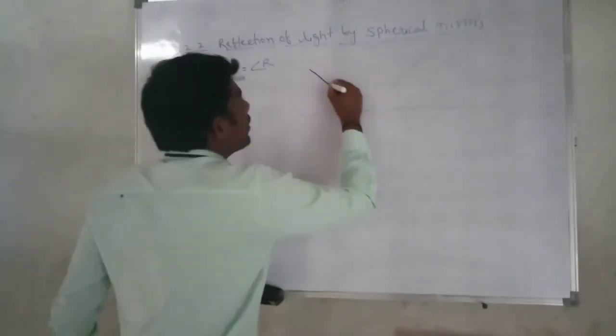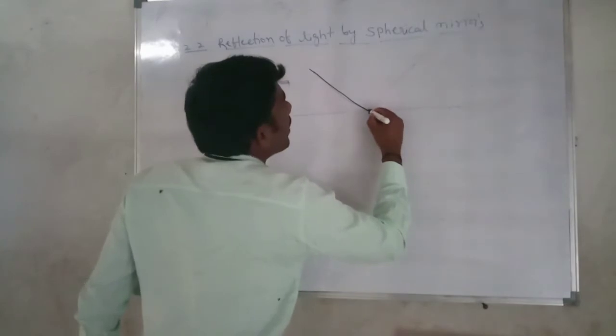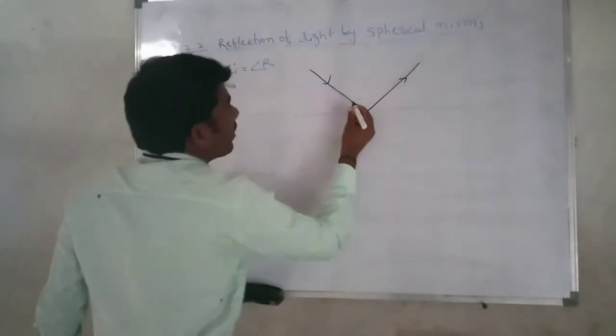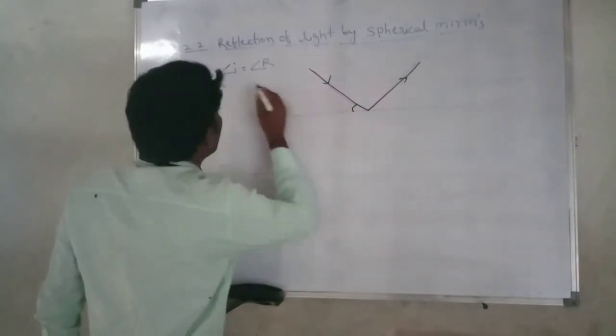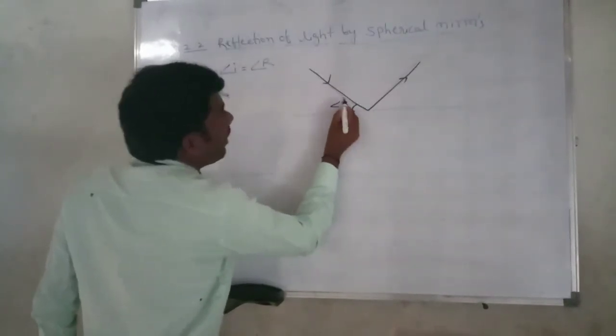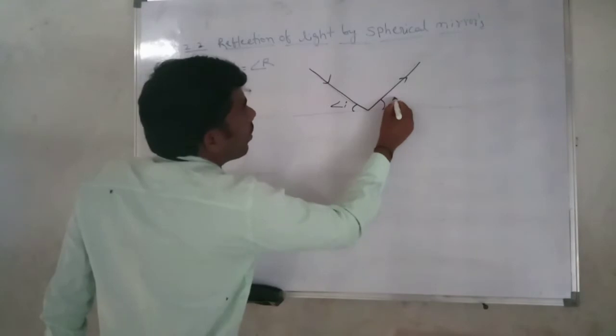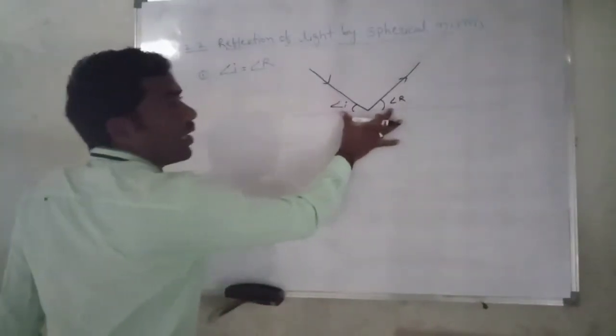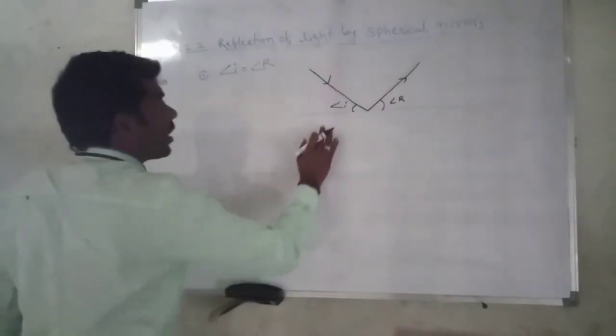In this situation, this is the incident ray, this is the reflected ray. This angle is the angle of incidence, i, and this angle is the angle of reflection, r. These both are equal, whether the surface is plane or curved.